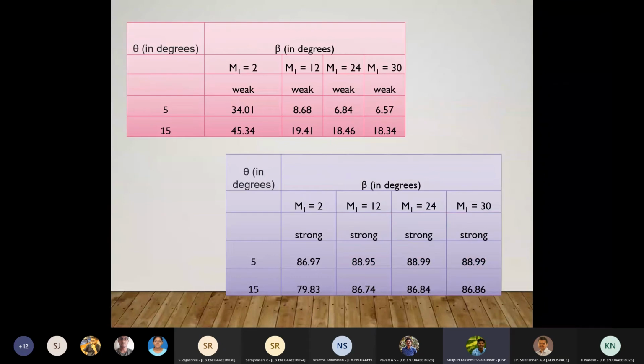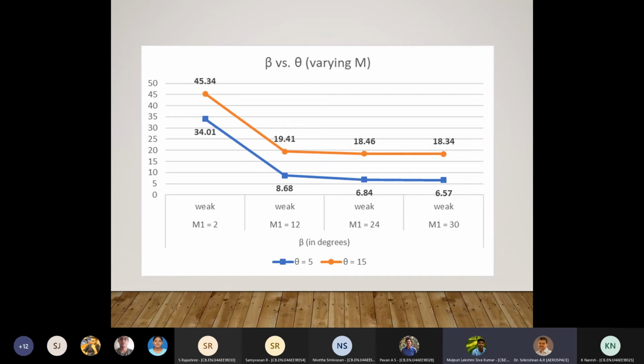From the oblique shock tables, we got the data for a particular theta, the deflection angle. For a particular Mach number, we got the beta values, for weak and strong shock conditions. For weak shock, we can see the decrease in beta value for increase in Mach number, which we see in the graph.